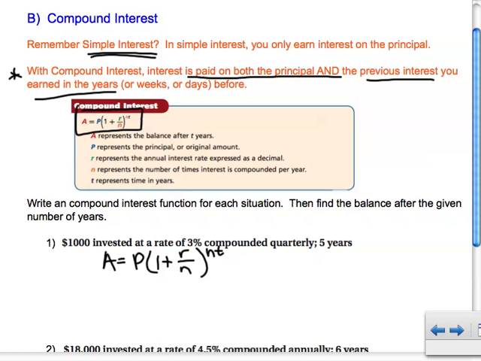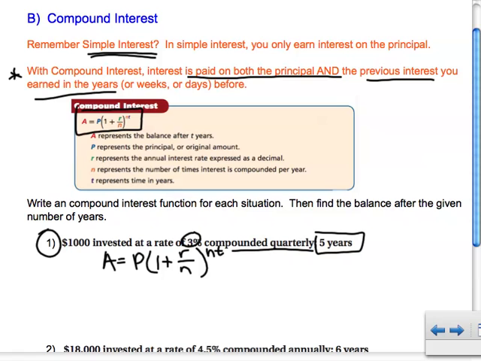The principal in this particular example, number 1, is $1,000 invested at 3%, compounded quarterly, and then set for 5 years. What compounded means is how often they are going to stop, calculate the interest that you made, and add it back to your principal.